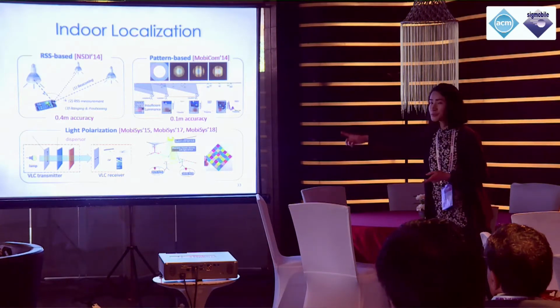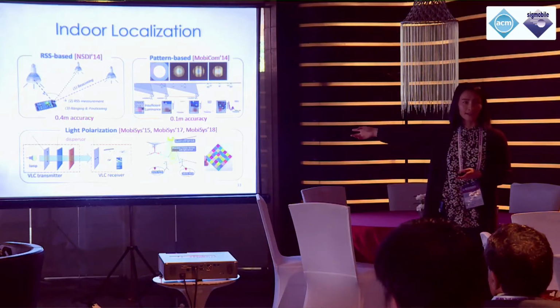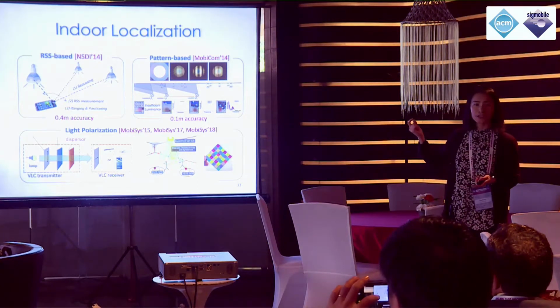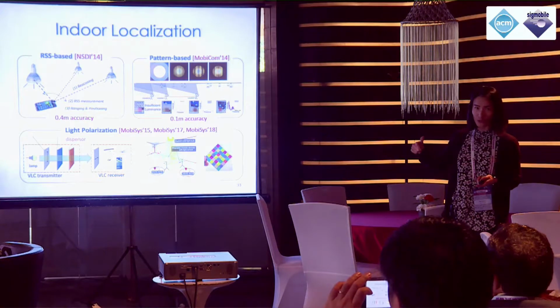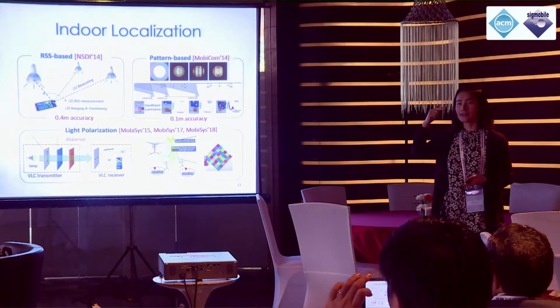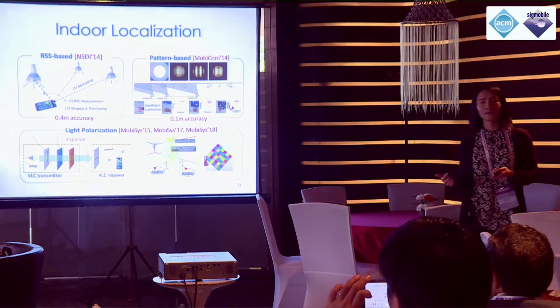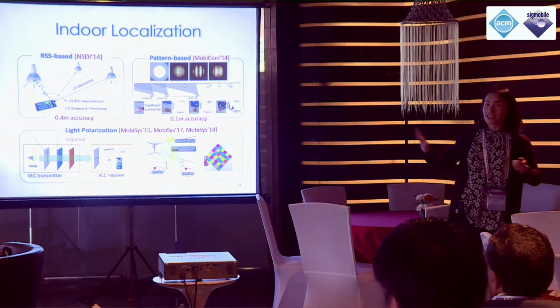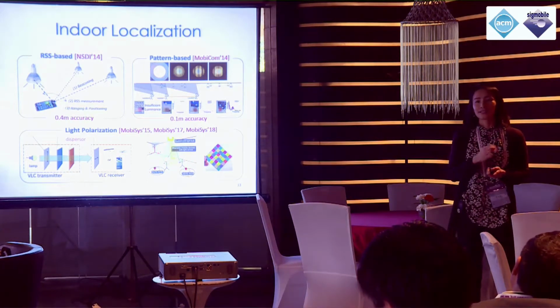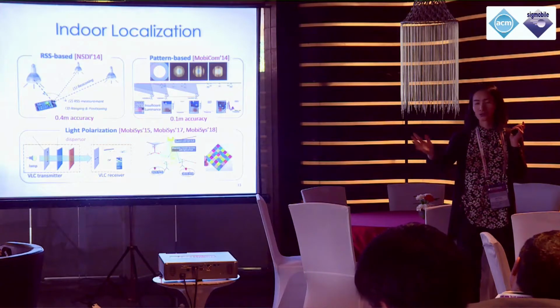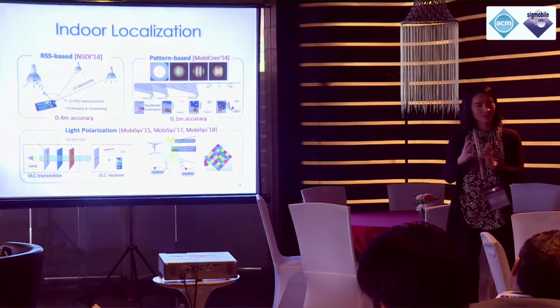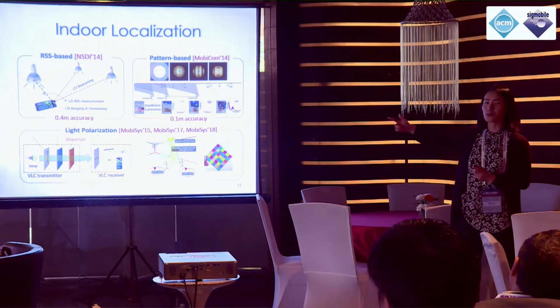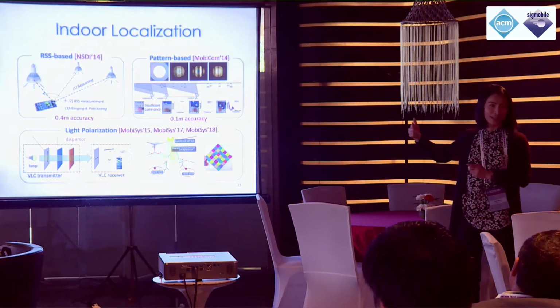The first paper, published in MobiCom 2015, uses polarization to encode or transmit the light ID from each light source, so that again, if you can separate the light from different sources, you can do triangulation. But this is based on polarization to encode the light ID.